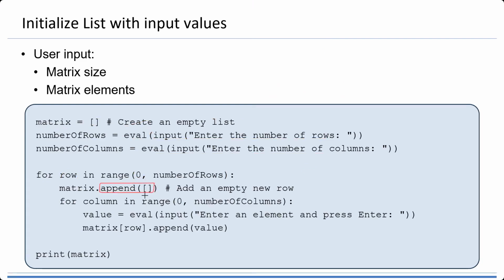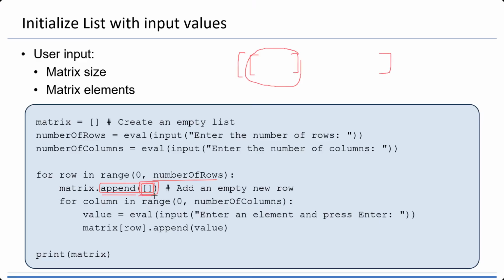What is it? So for every list, there will be another list inside. Then I append an empty list to indicate the element of the row index 0.